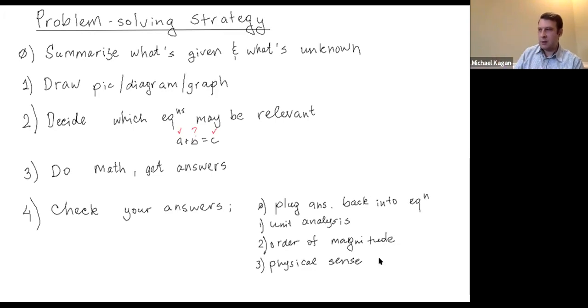If you increase the height in your answer, does the time increase? Does that make sense? So this is what we'll call physical sense. And finally, for now, we'll talk about more methods as they become applicable. But for now, I'll just give you one more, considering limiting cases.